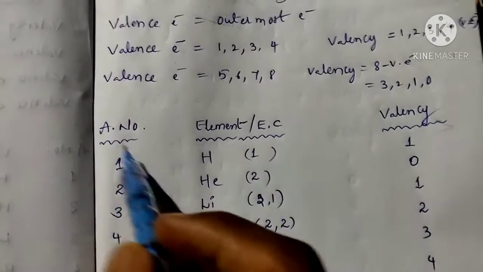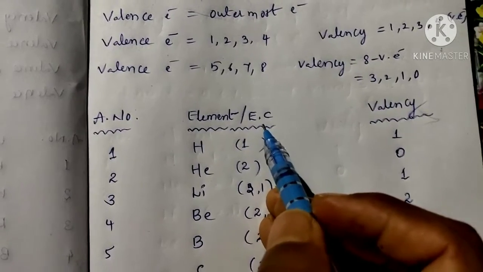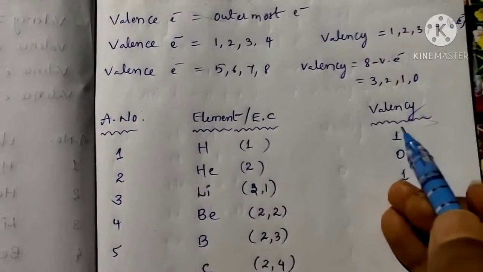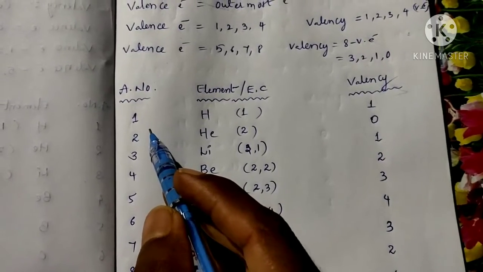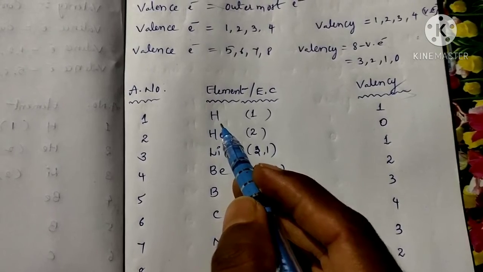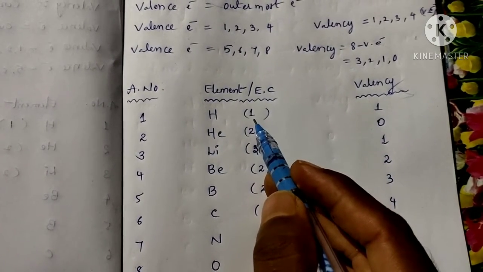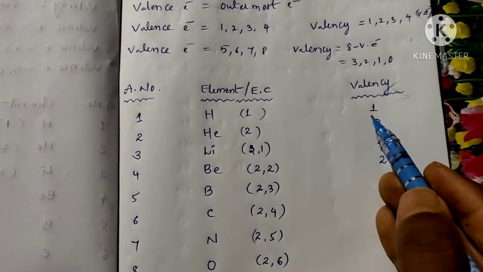Look here: atomic number, element, electronic configuration, then valency. First element, atomic number 1, that is hydrogen. The configuration of hydrogen is 1, so the valency is 1.